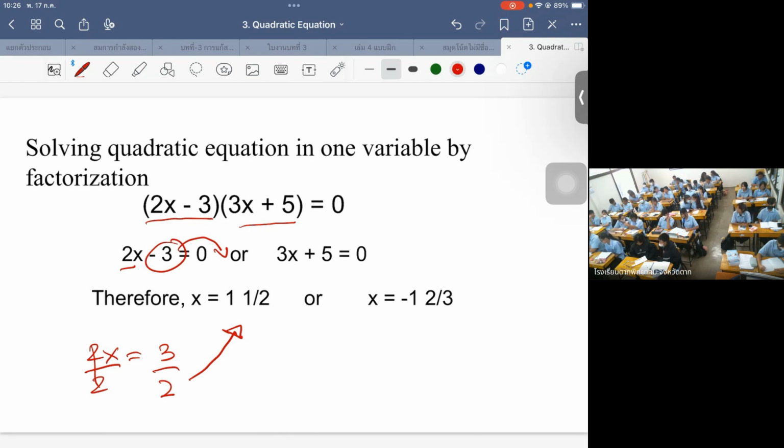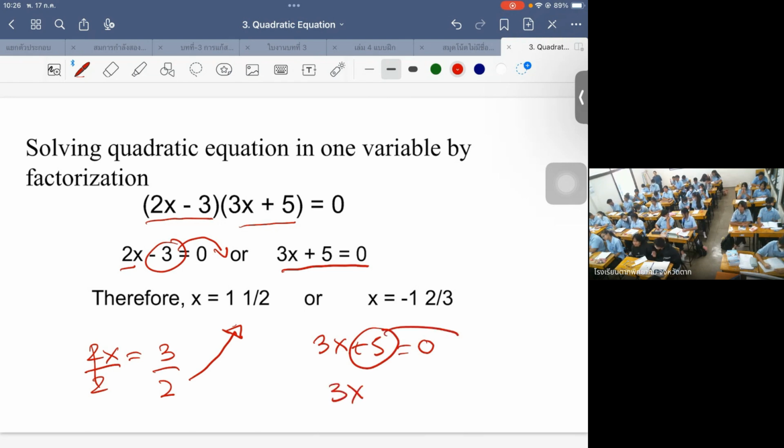So in this example, again, we get the answer of 3/2, or the simplified answer is 1 and 1/2. Okay, remember that the simplified answer is 1 and 1/2. And then process again this one by transposing. So we have 3x plus 5 is equal to 0. Transpose again.